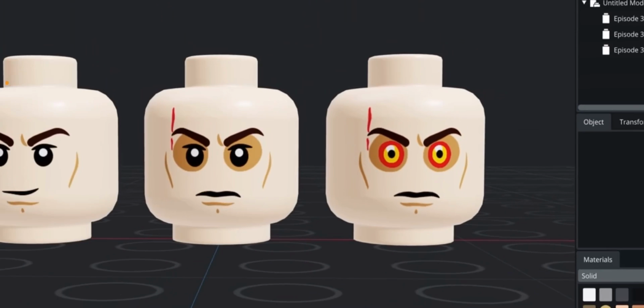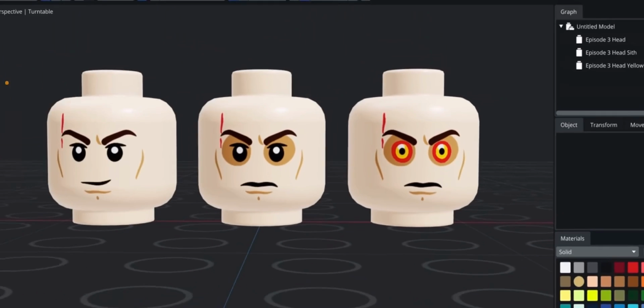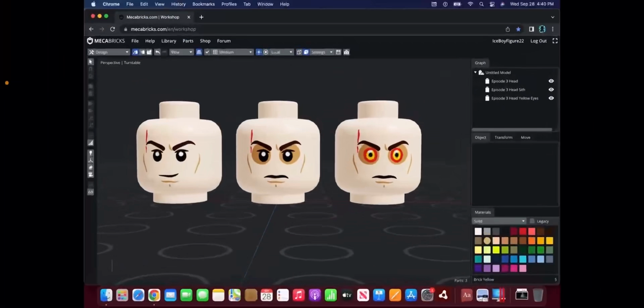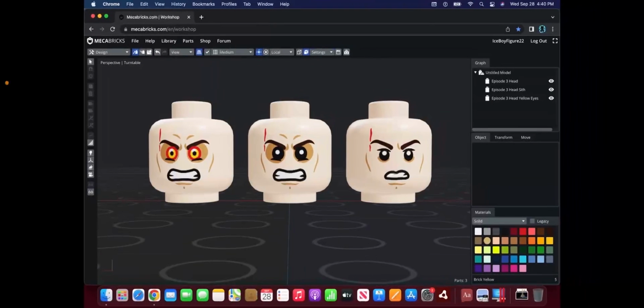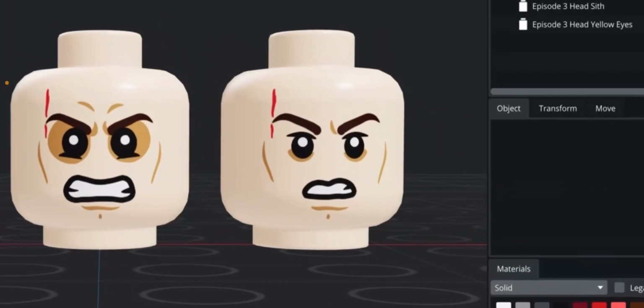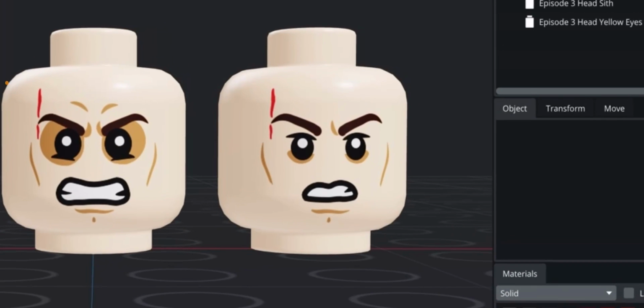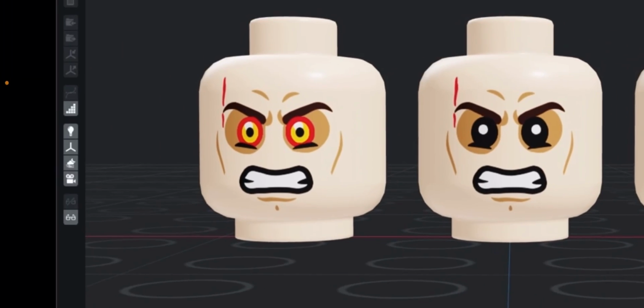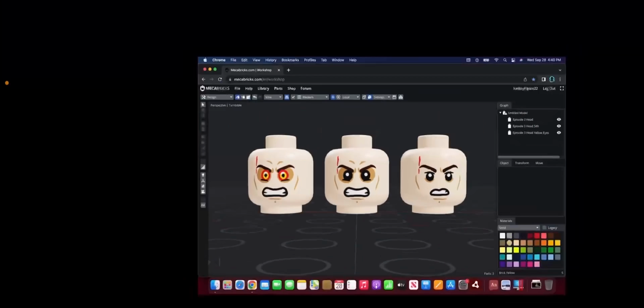That's what this one is supposed to represent, when he had the yellow eyes during Order 66, and when he got chopped up and right before he burned. And the next slide shows the other sides of all three of the custom faces I made. So you have just Anakin, you have Sith Anakin, and you have I Hate You.